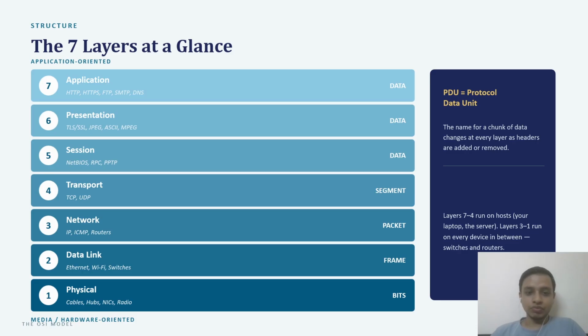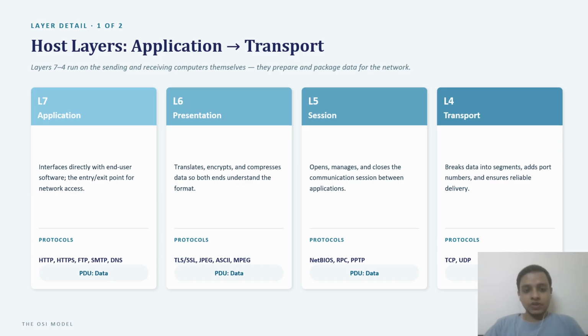Let's move to the detail of each layer, a crisp detail. So let's move on to the transport layer and other layers. The transport layer is the layer which ensures that the data reaches the destination.